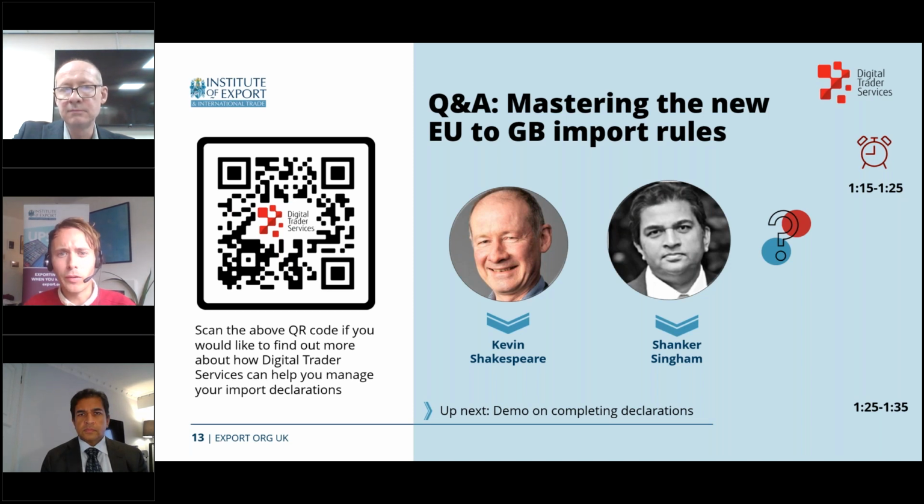Thank you. And just following on from Frontier, because we've had a few people asking about customs freight simplified procedures. Do you think there are real benefits to companies looking at that authorization?